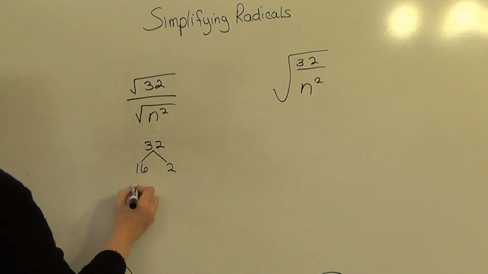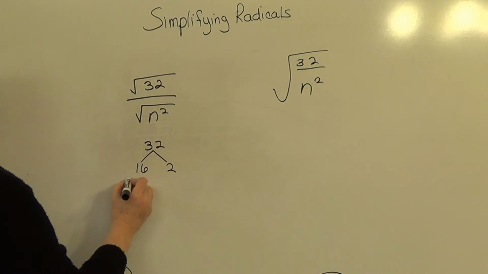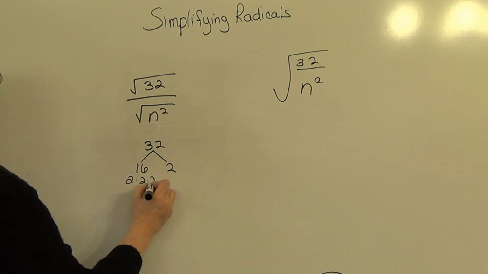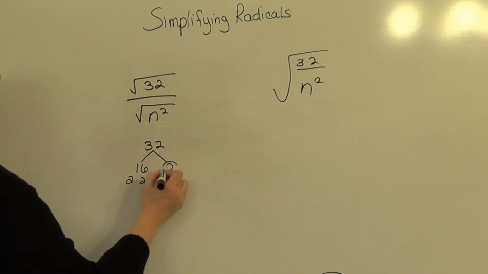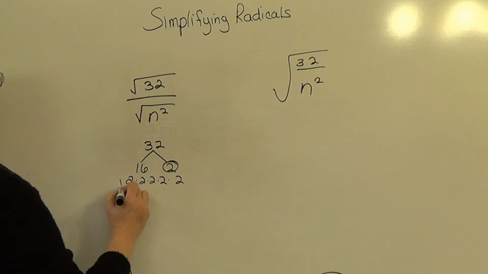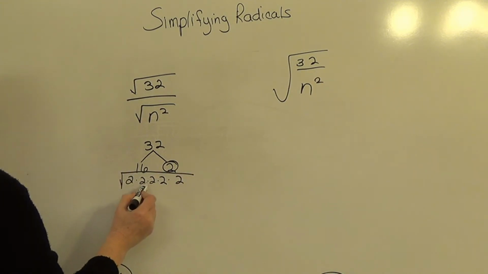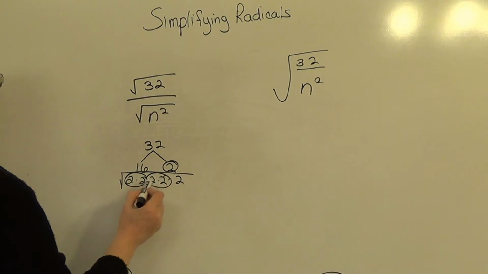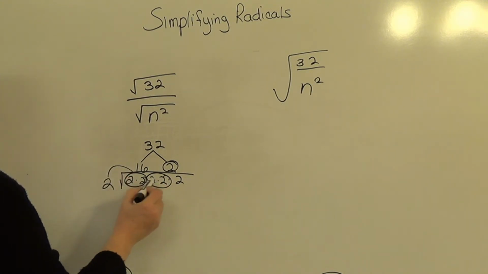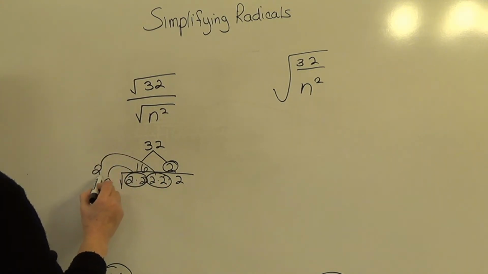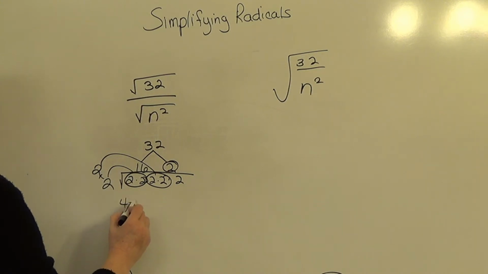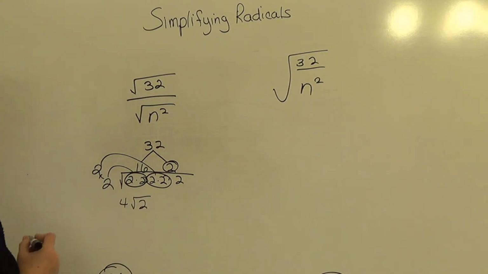And 16 breaks up into 2 times 2 times 2 times 2. And so then we still got this 2. If you put it all in a radical sign, there's 2 pairs that are the same. That 2 comes out. That 2 comes out. They bump into each other, and you multiply, and you get 4 square root of 2.